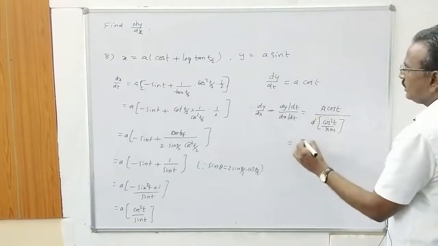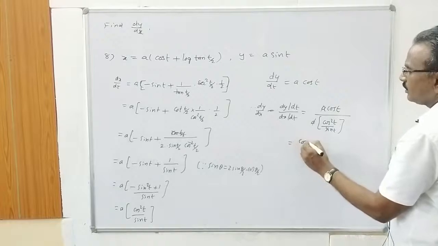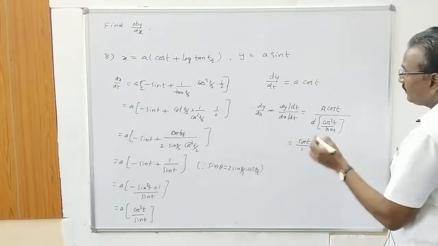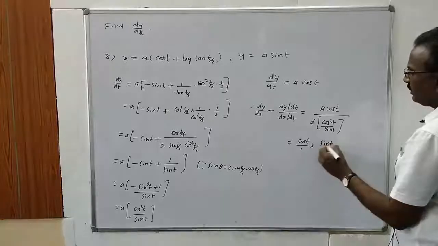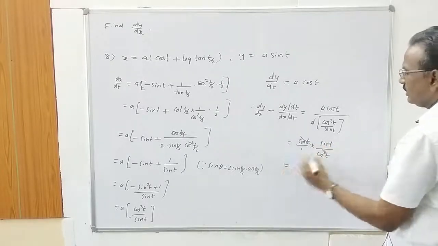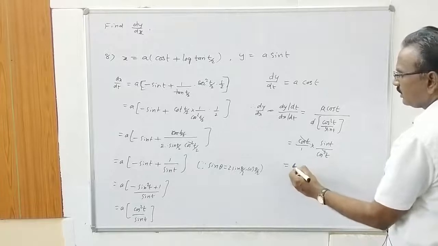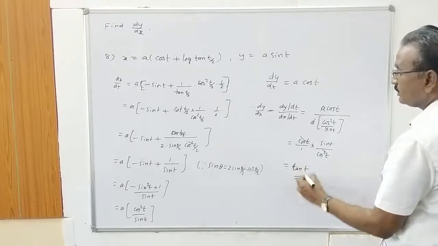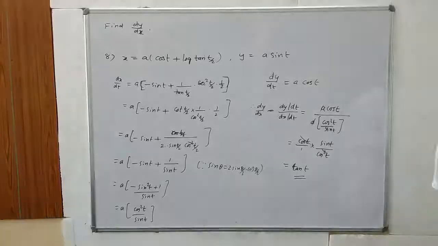A cancels, that is cos t by 1 into the reciprocal of the denominator, sin t by cos square t. So one cos t cancels, and sin t by cos t is tan t. So this is the dy by dx value.